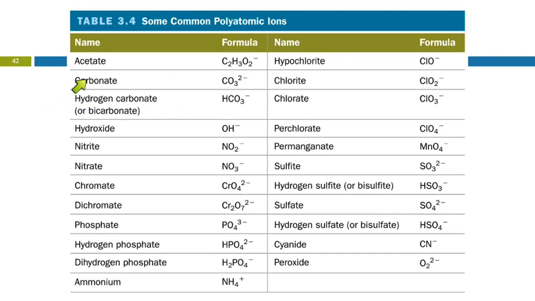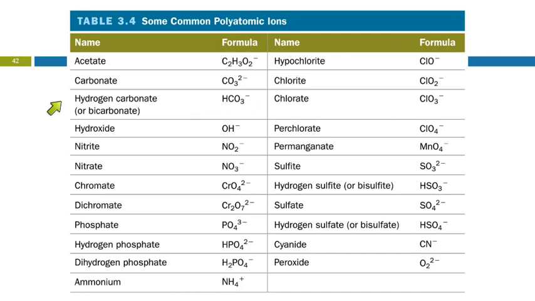Some of these have a name that has 2 words, hydrogen carbonate. So HCO3 with a -1 charge, this is related to CO3 2-. The difference is this one has a hydrogen on it. It's a hydrogen ion, an H+, and so when I add H+ to this, it changes the charge, it decreases it by 1.